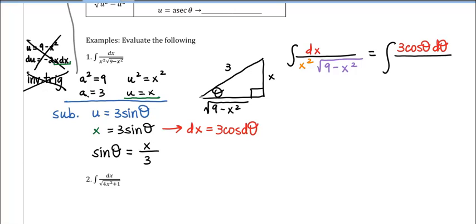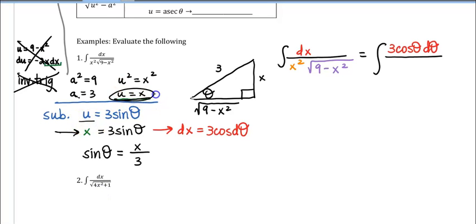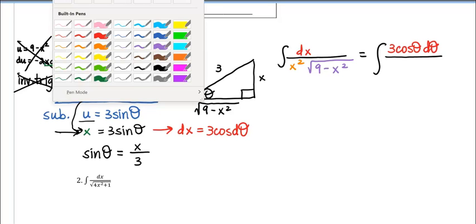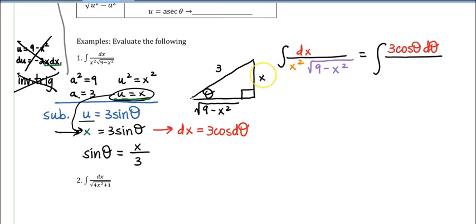I do think it's important to note that you do not get this line after you do the substitution unless you go back and think, oh, well, u was x, which is why we put that x right there. Now let's go on and take care of the x squared in the denominator. If x is equal to 3 sine theta, then x squared, squaring both sides of that equation, is equal to 9 sine squared theta.